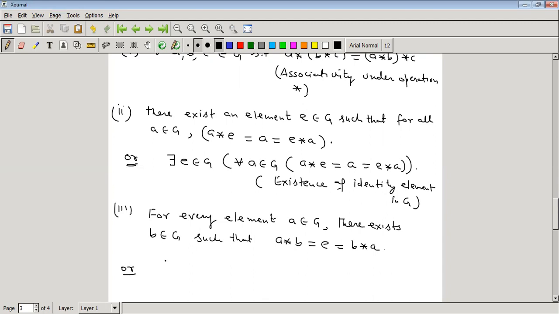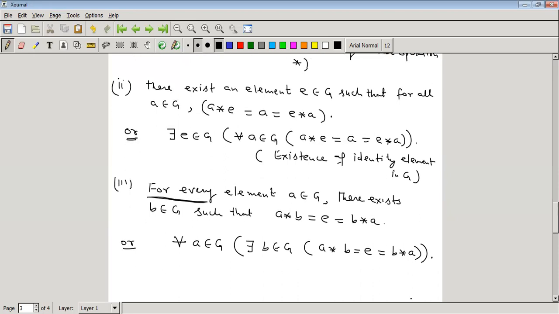Or we can also write this: for every, the quantifier is for all, element A belongs to G, for all A belongs to G, such that there exists, the quantifier is the existential quantifier, there exists B belongs to G such that A star B is equal to E is equal to B star A. So in this way, we have written three axioms.